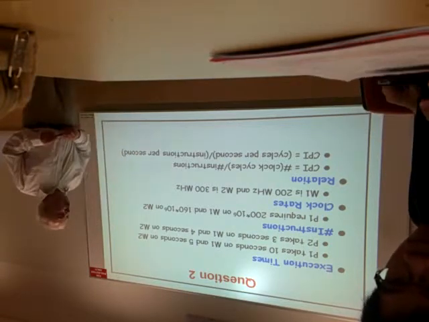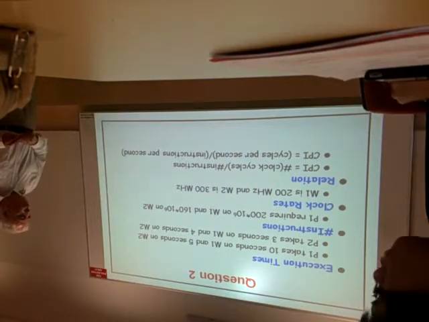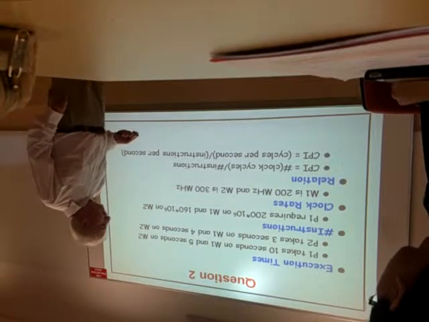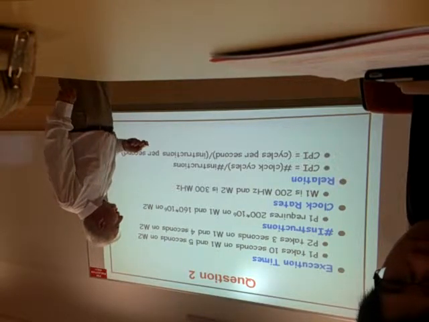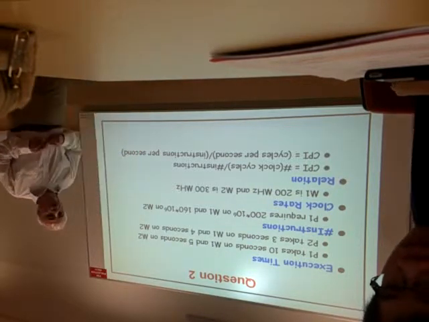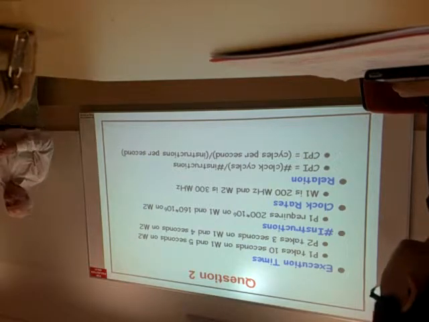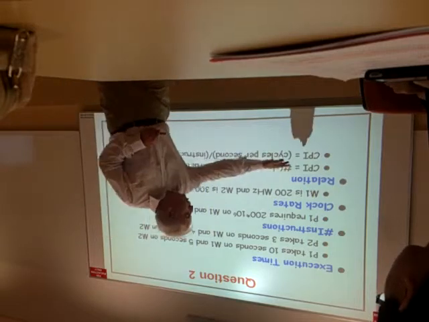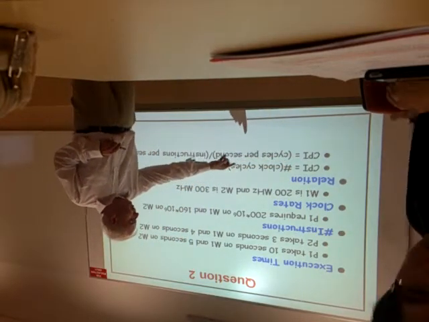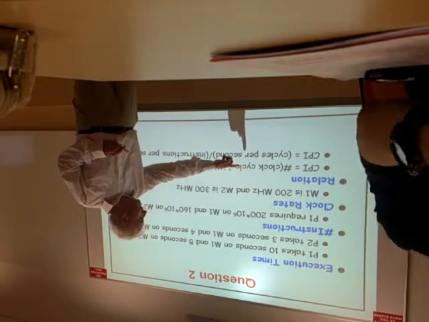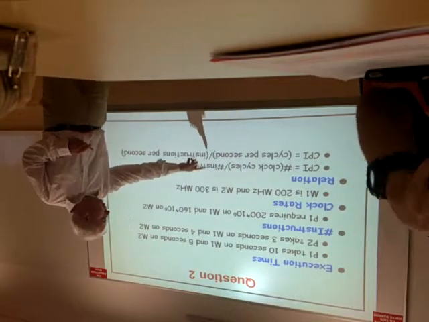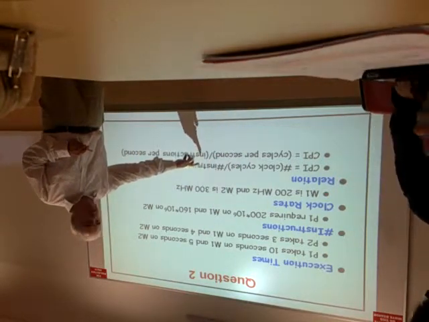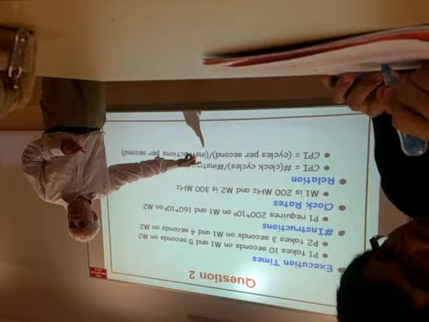So this question is about CPI, or clock cycles per instruction. Again, there are some basic relations we can use. The clock cycles per instruction is the number of clock cycles executed divided by the number of instructions executed.